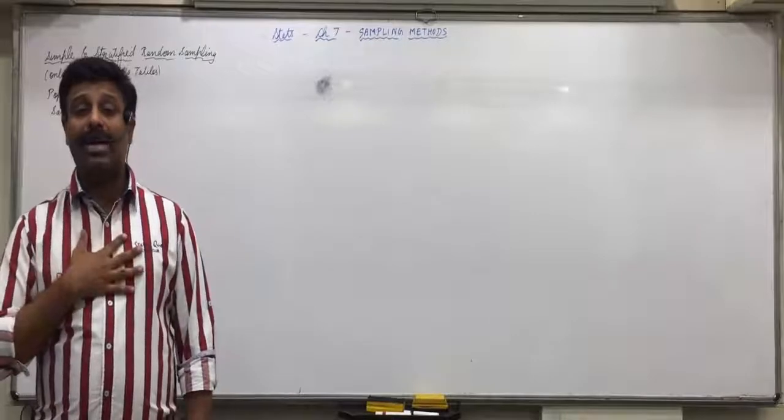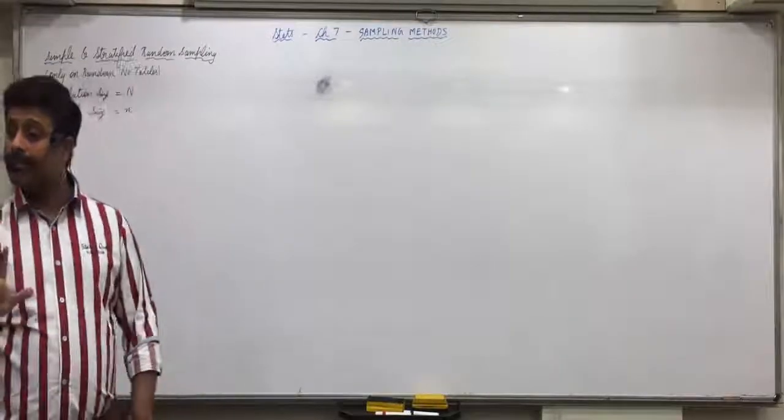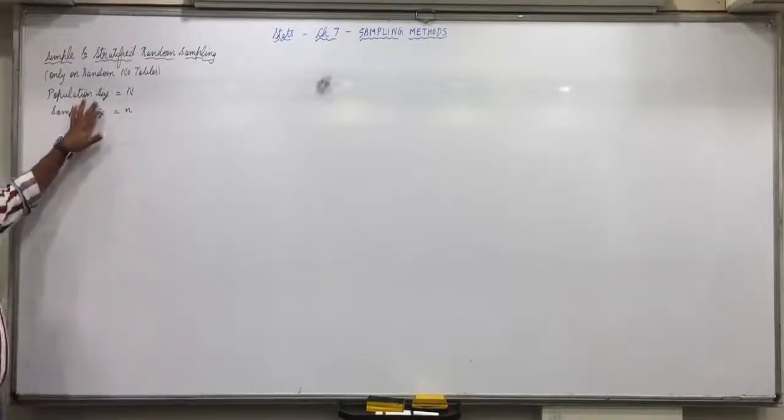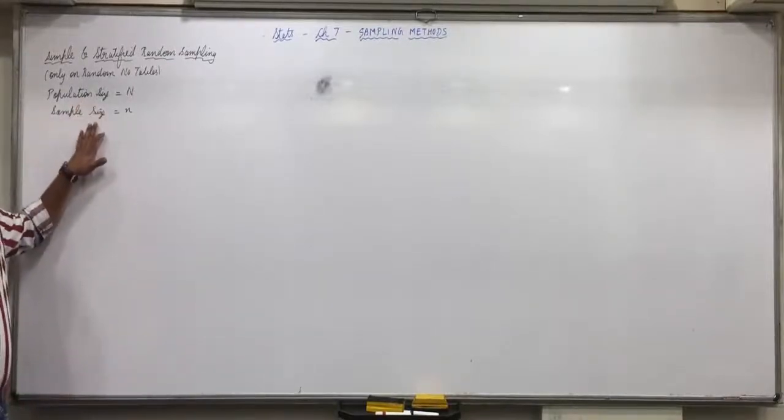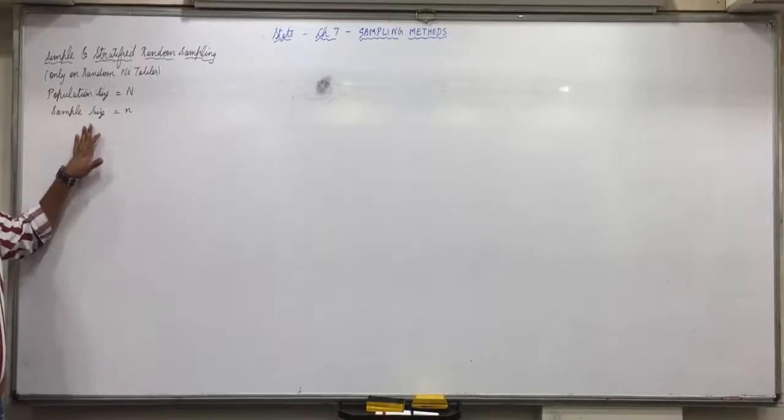If I want to select a sample of 10 from that, then small n is 10. Okay, this is called parameter. This is called statistic. If you remember, all the measures which you obtain from population units are called parameter, and all the measures which we obtain from sample units are called statistic.